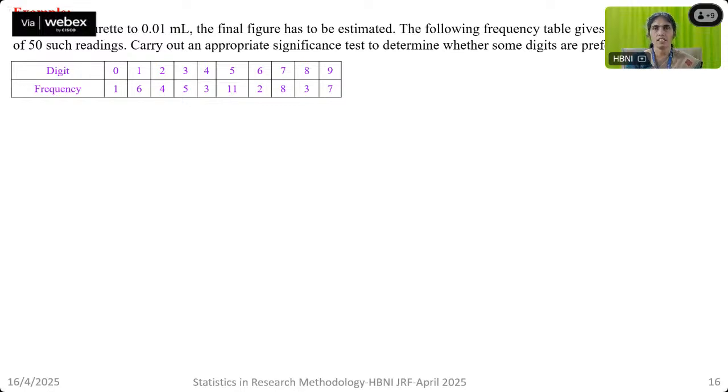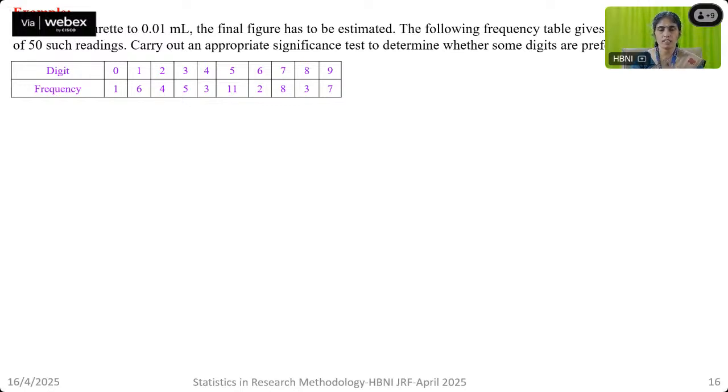Similarly, this is another example for you to have hands-on experience for calculating chi-square values. When we read the burette, one particular burette, to the second decimal of the volume, the final digit can be anyone from 0 to 9.